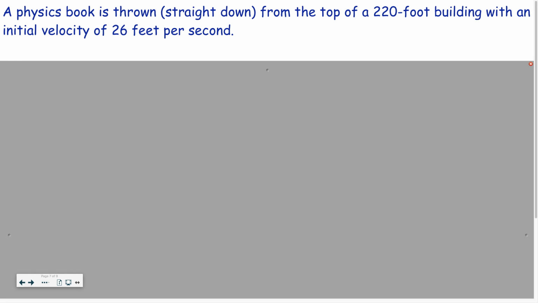So 220. What is that? That's our initial position. And since we're throwing it down with initial velocity, V naught is negative 26.